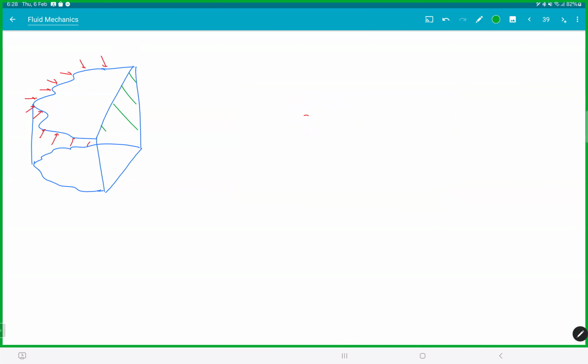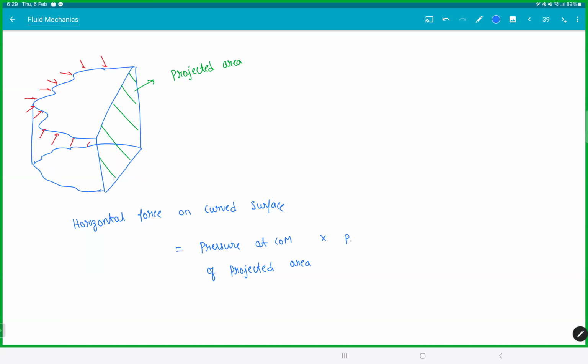So the horizontal force on the curved surface is pressure at center of mass of projected area into the projected area.